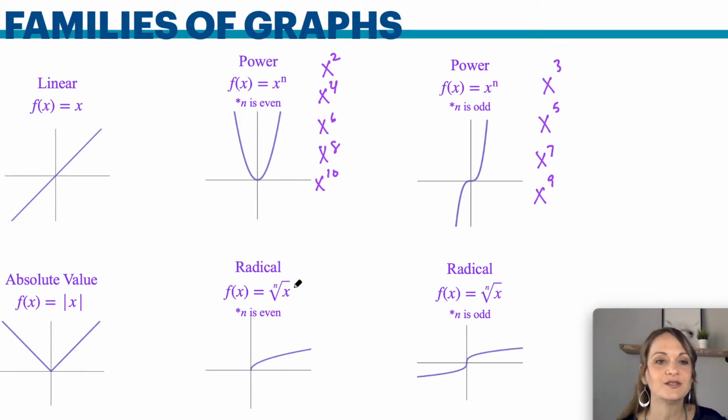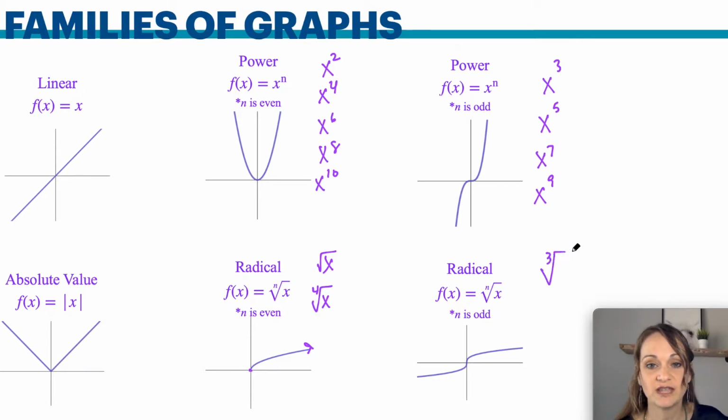Radicals actually kind of do the same thing. If you have an even radical, like a square root of x, or a fourth root of x, or a sixth root of x, then it is only going to start at 0, 0, and it is going to go in the positive direction, because you cannot take the square root of a negative number. You can take the cube root, though, of a negative number.